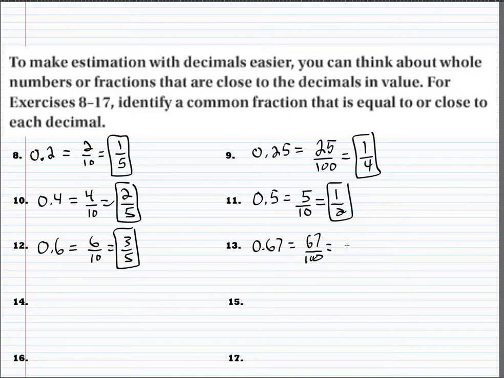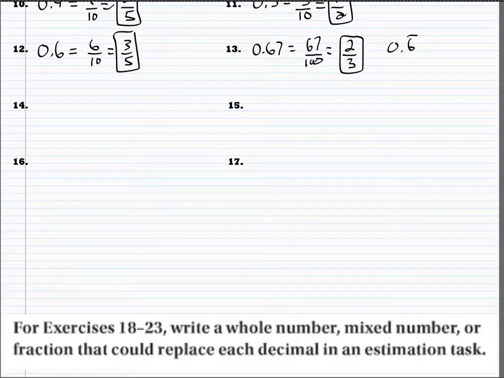And hopefully you know that 2/3, which is the answer I'm looking for here, as a decimal is 0.6 repeating, which is really close to 0.67. All right, moving along. Number 14, we have 0.8, which I can say as 8/10, which reduces to 4/5.